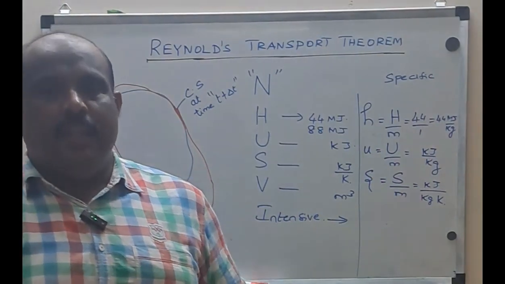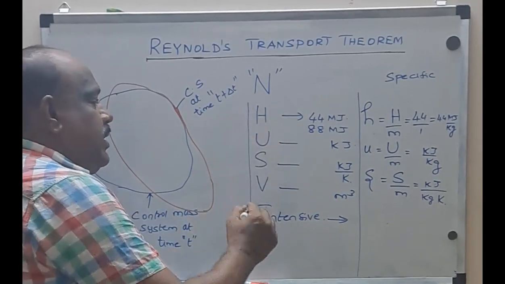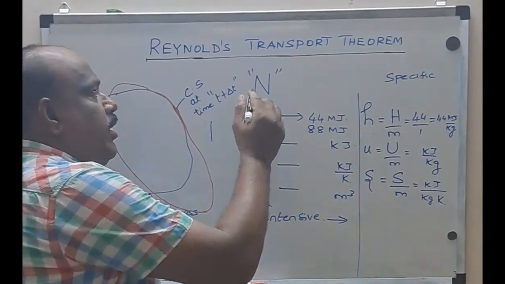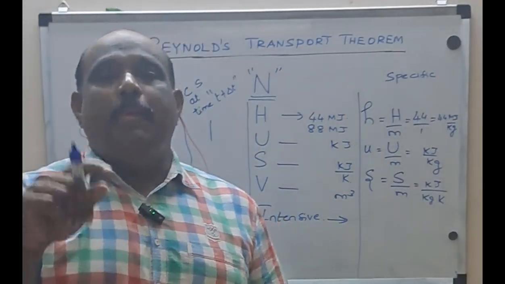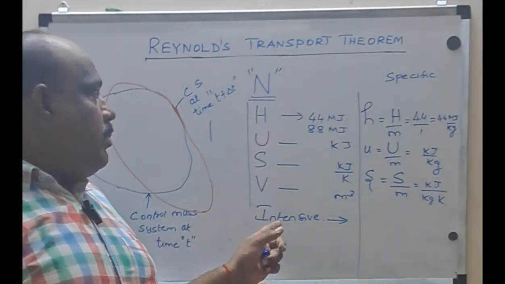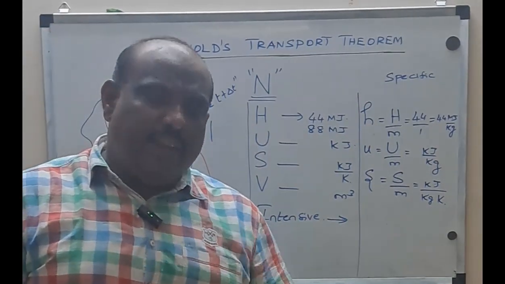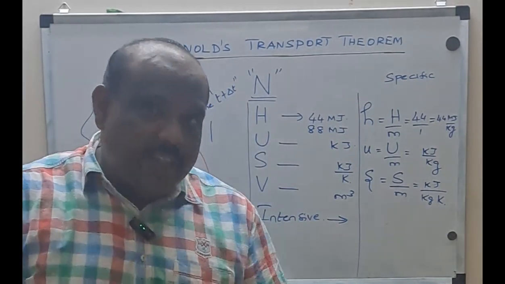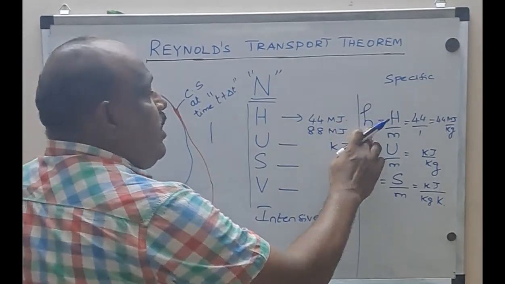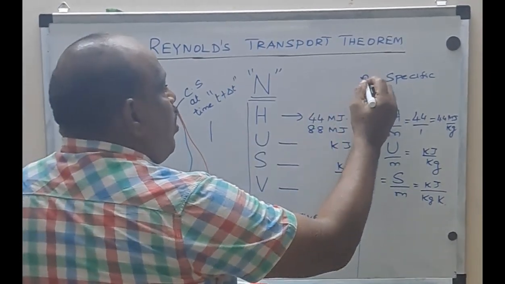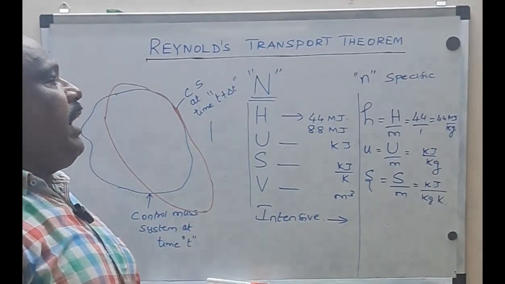The commonality between these is that all the extensive properties are given by capital letters, and we are going to denote the extensive property as capital N. Whereas the specific extensive properties, which are also called intensive, are given by small letters. So this will automatically become small n.